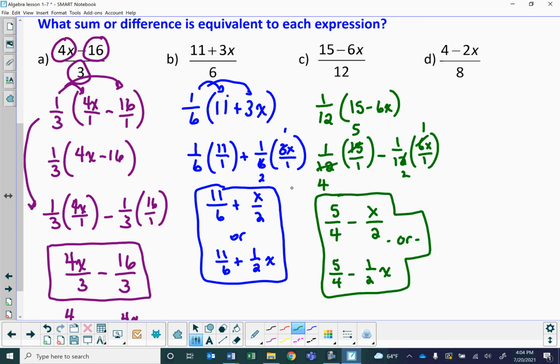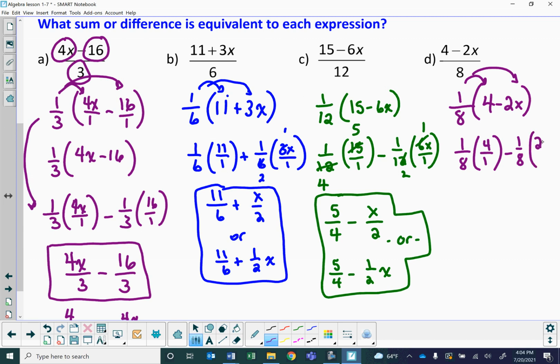All right, last but not least, we're going to have 1/8 times 4 minus 2x. So if I distribute, 1/8 times 4 over 1 minus 1/8 times 2x over 1. 4 goes into 8 twice.